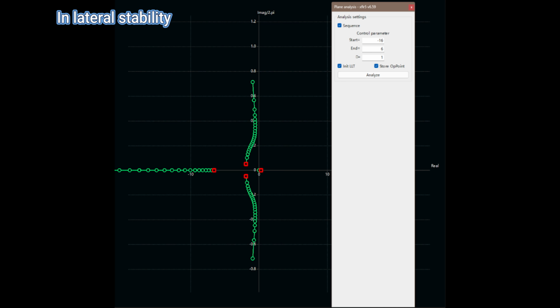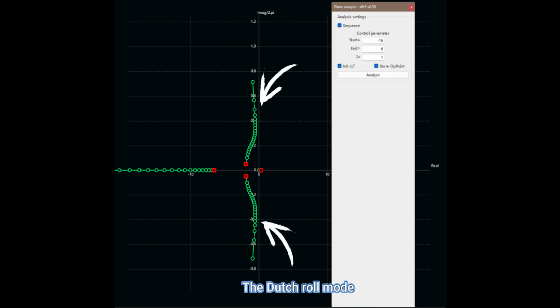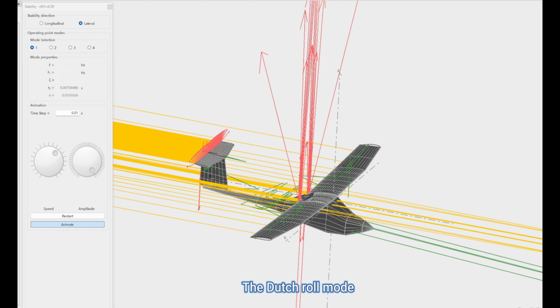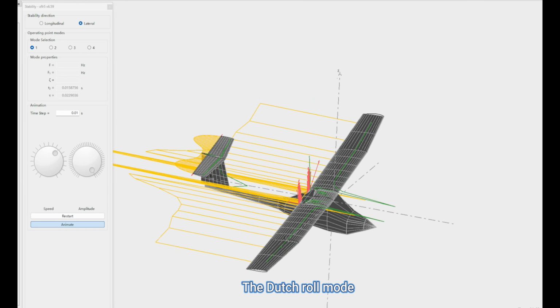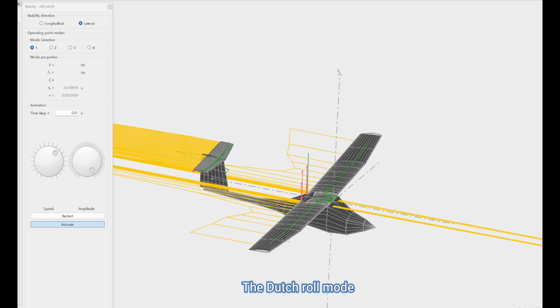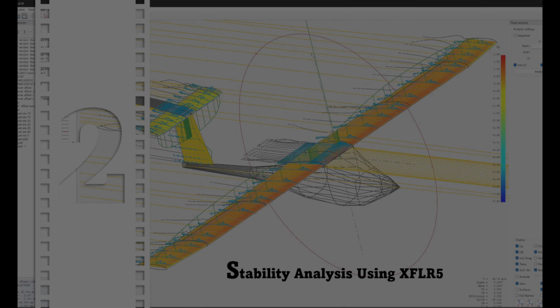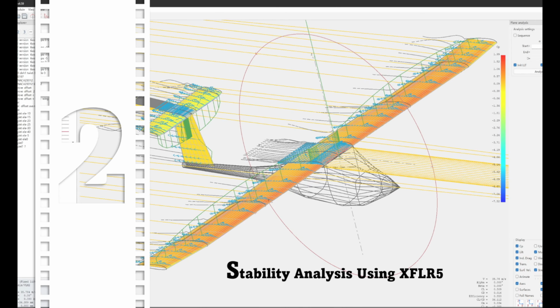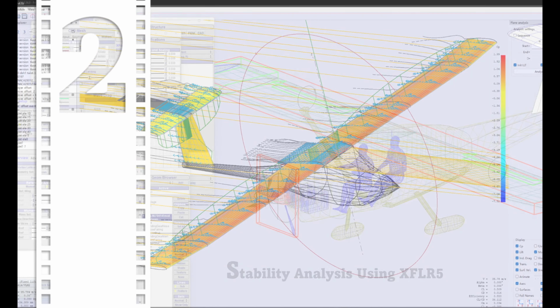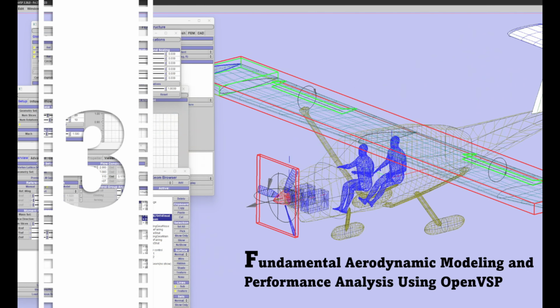The other pair of complex conjugate roots corresponds to the Dutch roll mode. Since their real parts are to the left of the imaginary axis and do not cross it, this indicates moderate damping and stable behavior. After the stability analysis, we'll move on to dynamic calculations for the aircraft in various flight attitudes, in order to determine and optimize the propulsion system.